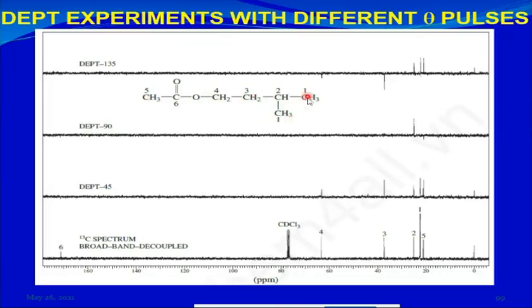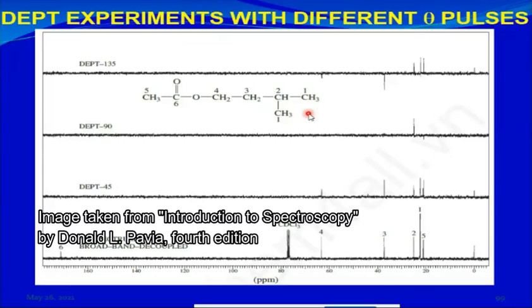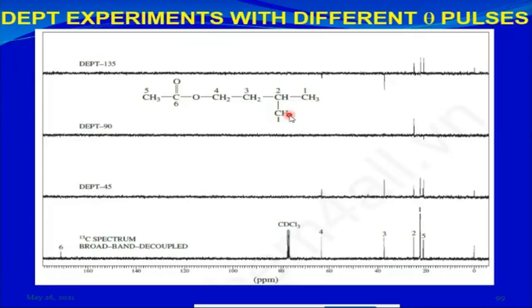But because these two CH3 groups, the carbon atoms have similar environment, and that is why they are chemically as well as magnetically equivalent. So they will appear at the same chemical shift value. They will have the same chemical shift and one signal. So in total, we should see 6 signals: 1, 2, 3, 4, 5, and 6. Right, and this is the broadband spectrum.